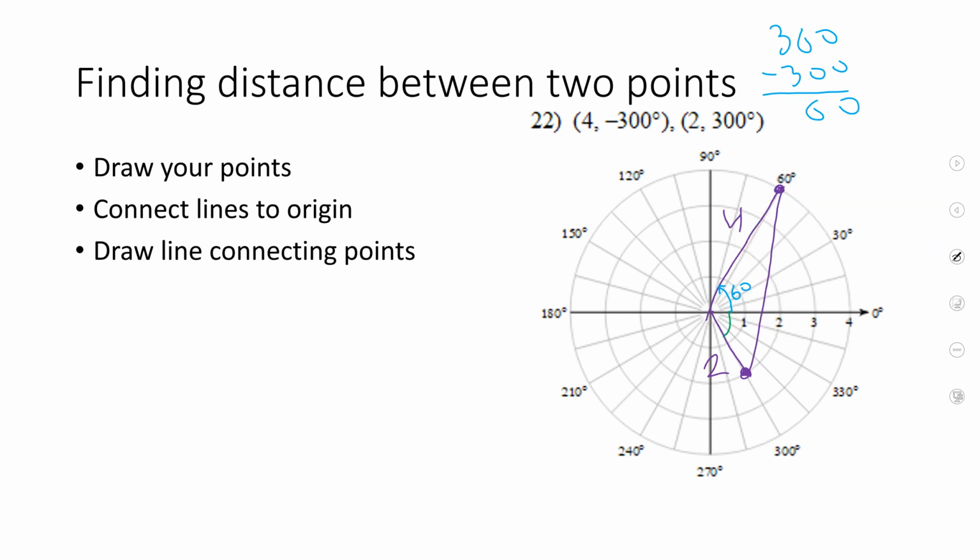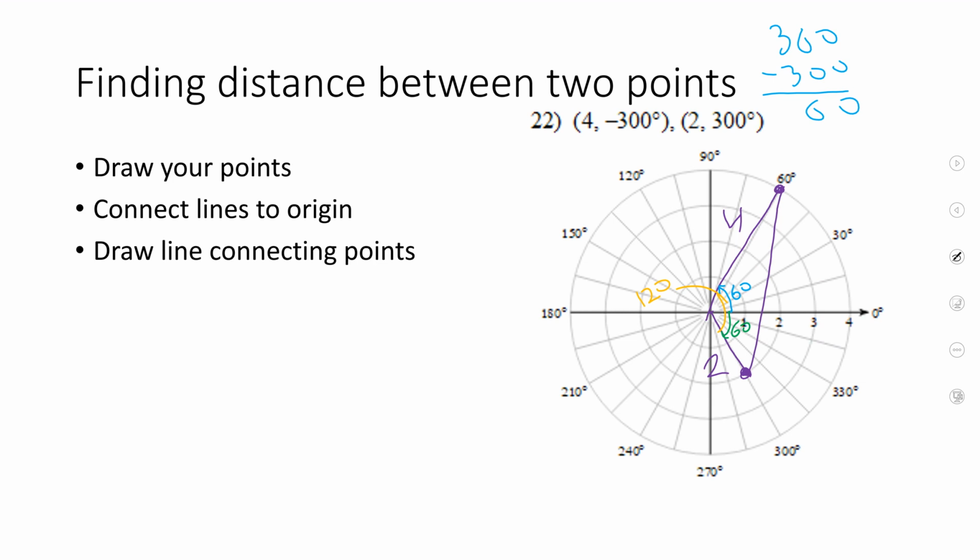Take our green angle, going down like that. Instead of going all the way around positive 300, we can just go negative 60, or the absolute value of that would just be 60. That's the distance. So if blue is 60 and green is 60, that means together the whole angle is going to be 120. And that's our angle.